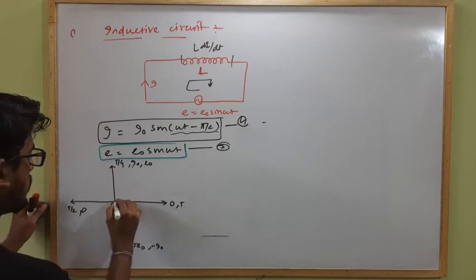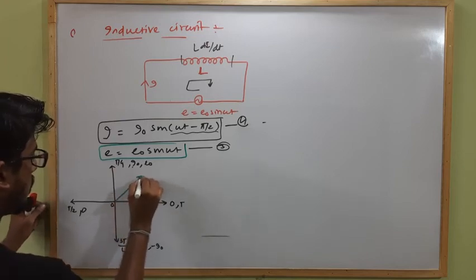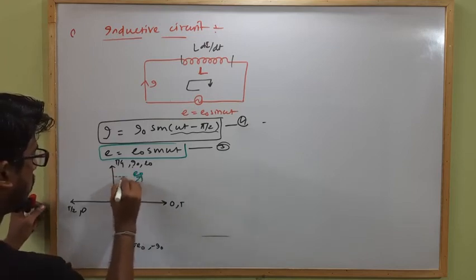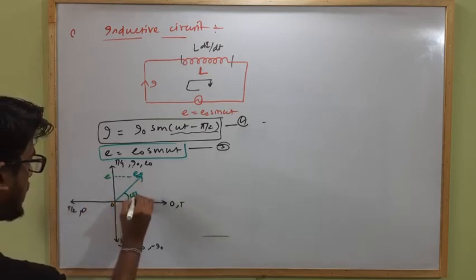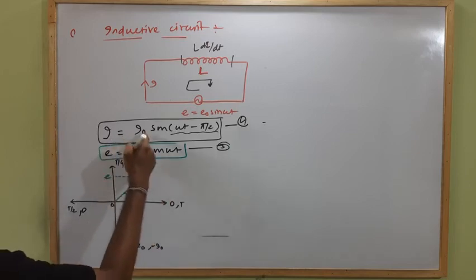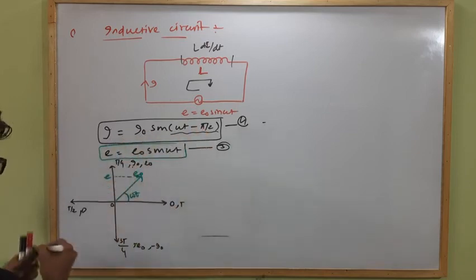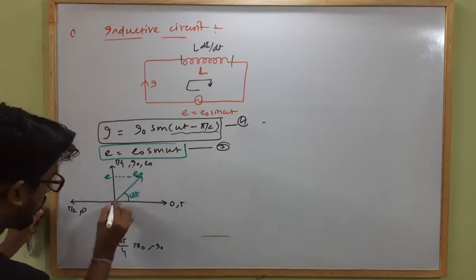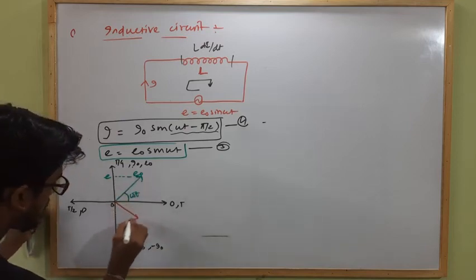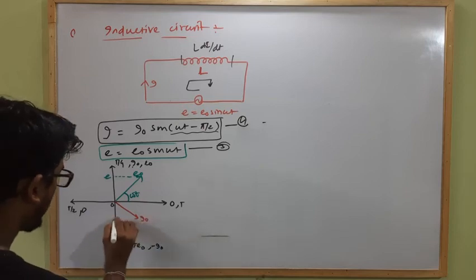So if this is the position for E naught and this is the position for E, this angle is omega t, then what is the position of I naught? It is pi by 2 behind this, so from this position pi by 2 lag behind, I naught will be here. This is the position of I naught.